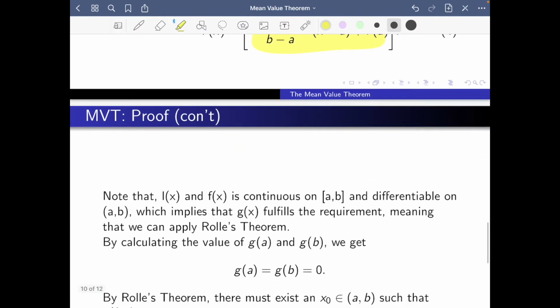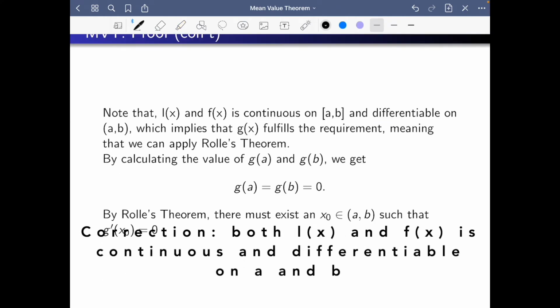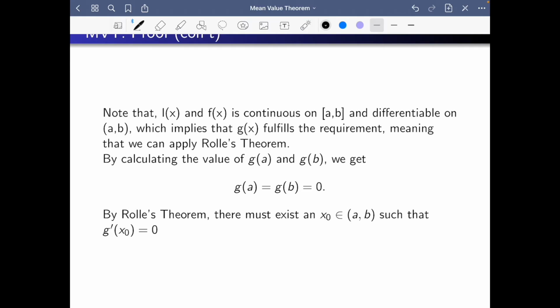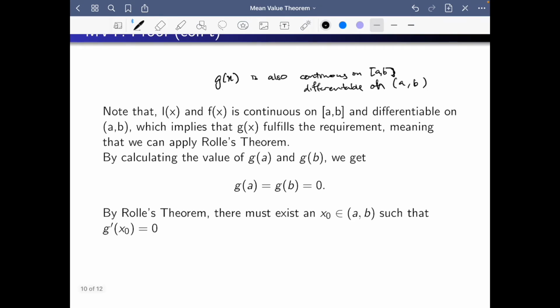Since we know both f(x) and L(x) are continuous and differentiable, this implies that g(x) is also differentiable and continuous, by the first lemma. So g(x) is continuous on [a,b] and differentiable on (a,b).